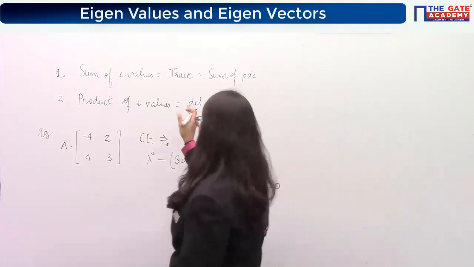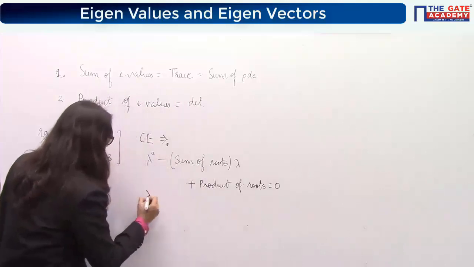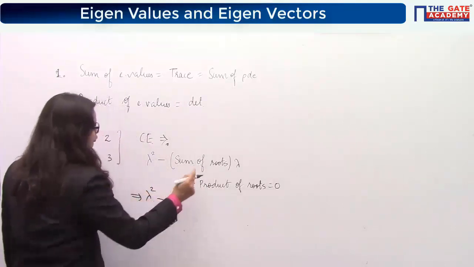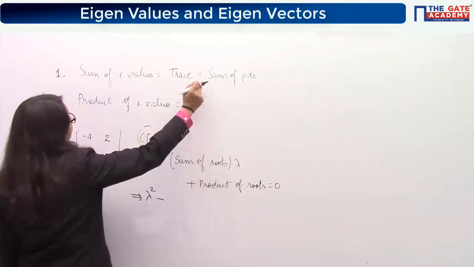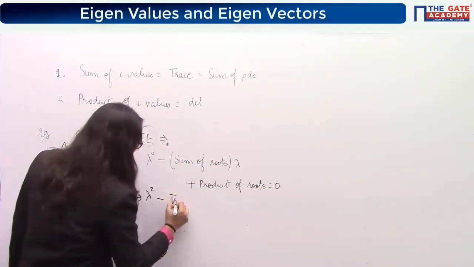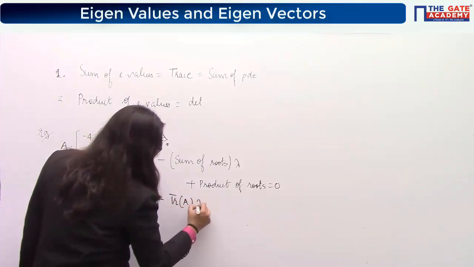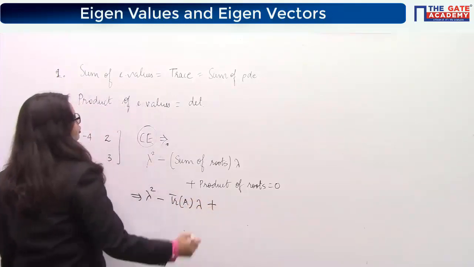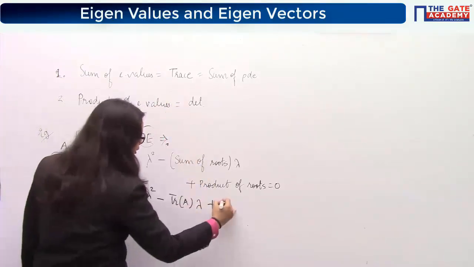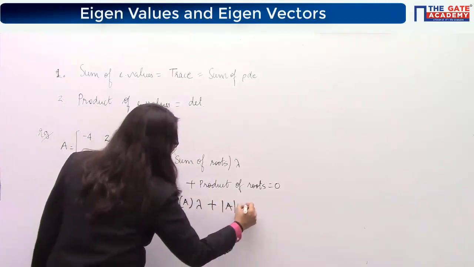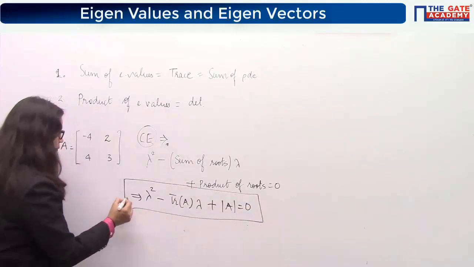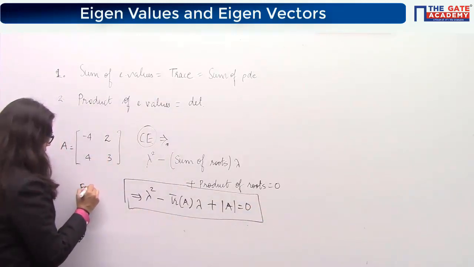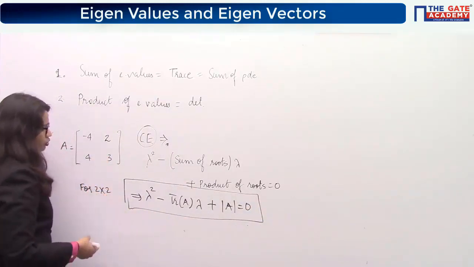Roots for this characteristic equation are nothing but eigenvalues. So sum of roots means trace. So it is trace of the matrix A times lambda plus product of the roots, that is product of eigenvalues, that will be the determinant value of A. So this is a short trick to find out the characteristic equation for a 2 cross 2 matrix. Applicable only for 2 cross 2 matrix.